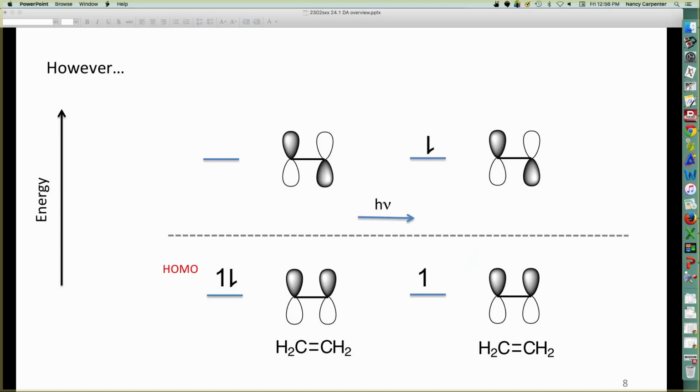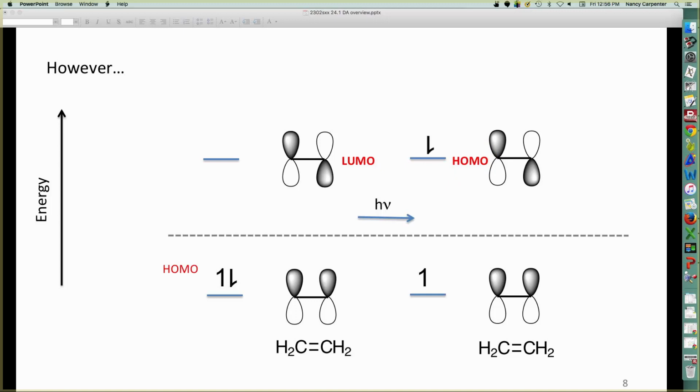And what has that done for us? Suddenly, it sets us up with a new set of HOMO and LUMO. Now my highest occupied molecular orbital is the singly occupied pi star orbital from one of those alkenes, and the LUMO is the empty pi star orbital from the other alkene.